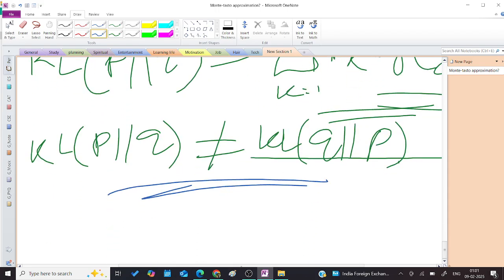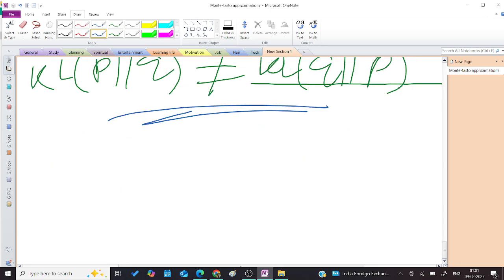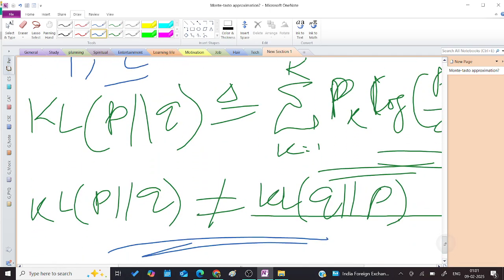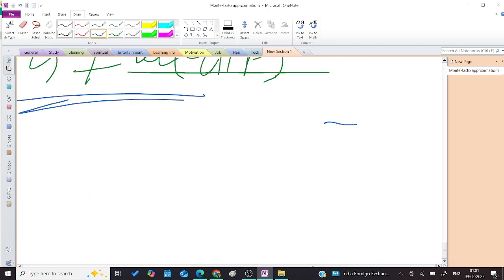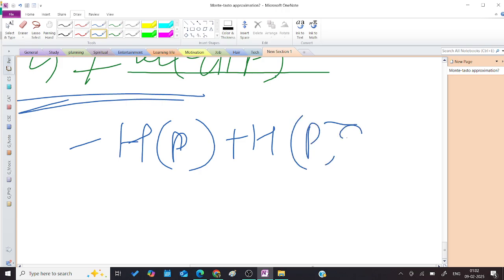If we open this log term, then this minus this term. So what I'm saying, it will be equal to minus H(p) plus H(p, q).